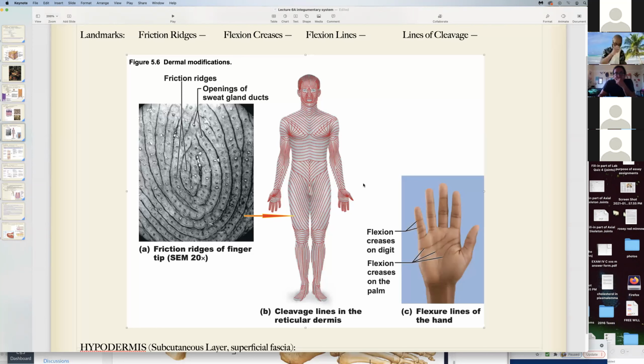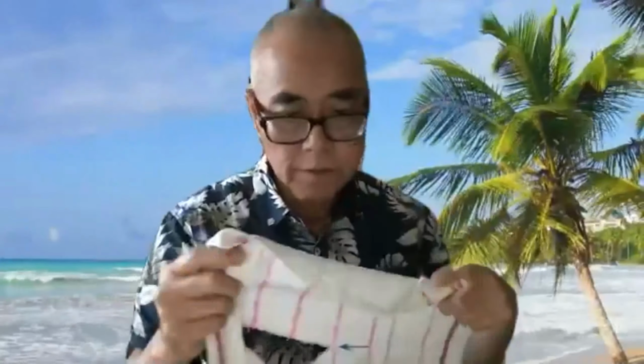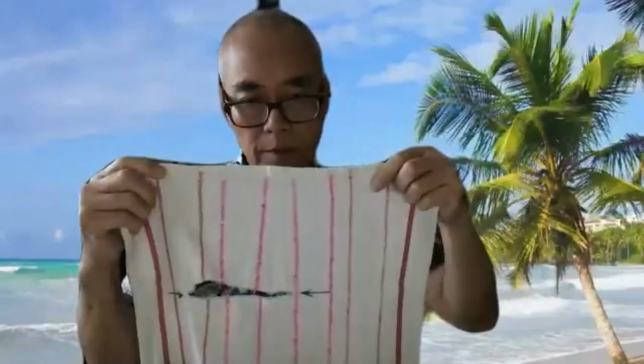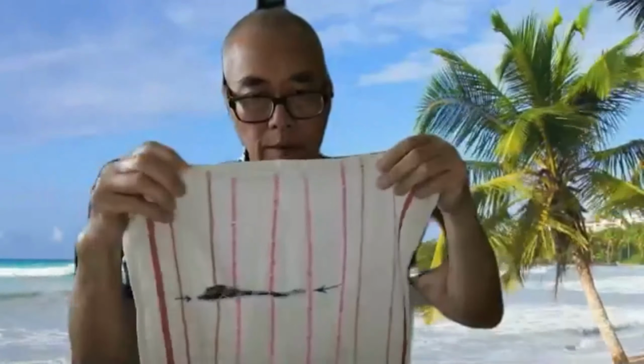This is what I usually show my class. So figure that all these lines are those fibers. So if you cut across, then it will be broken up like that. But if you cut them parallel, then it's not going to be as white.